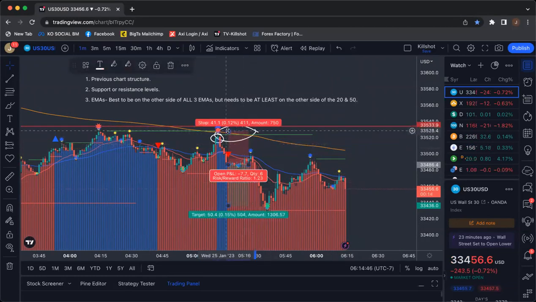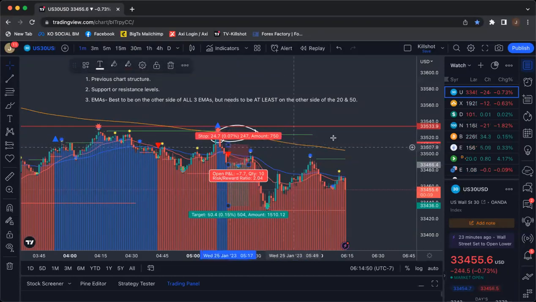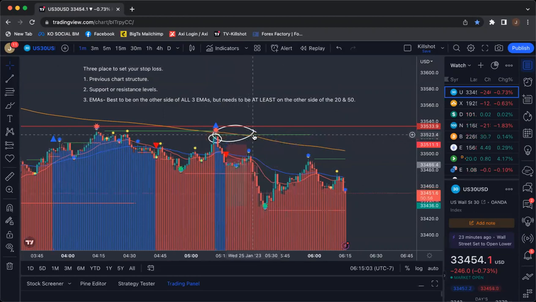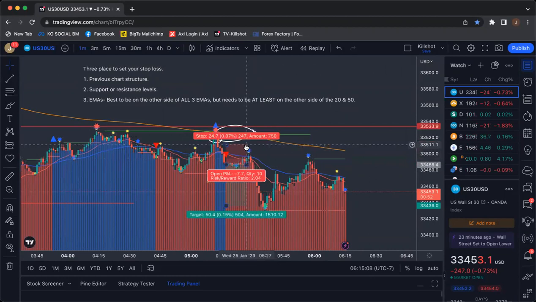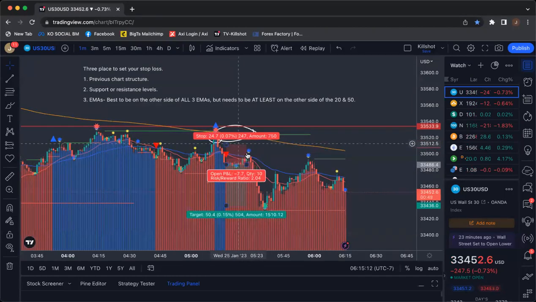This 25 pip stop still works in here, and it is on the other side of those two EMAs. It's a bit tight because of where the 238 is. Being on the other side of the 238 is the best position for that stop, but it still worked out here at 1 to 2. Even if you had your stop loss at 25 pips, this is still a really good trade.